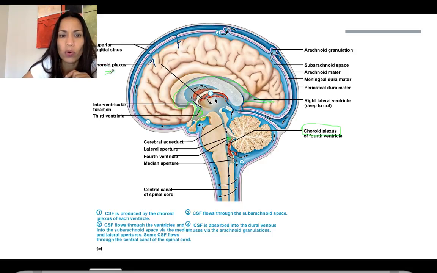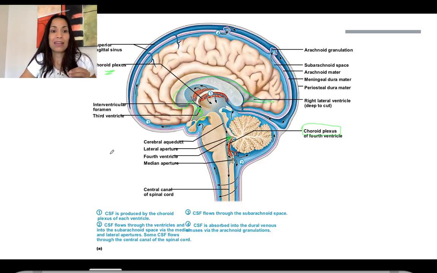And these choroid plexus are just capillaries. They're just blood vessels, but they're kind of special. They have certain characteristics, and they filter the blood, okay?